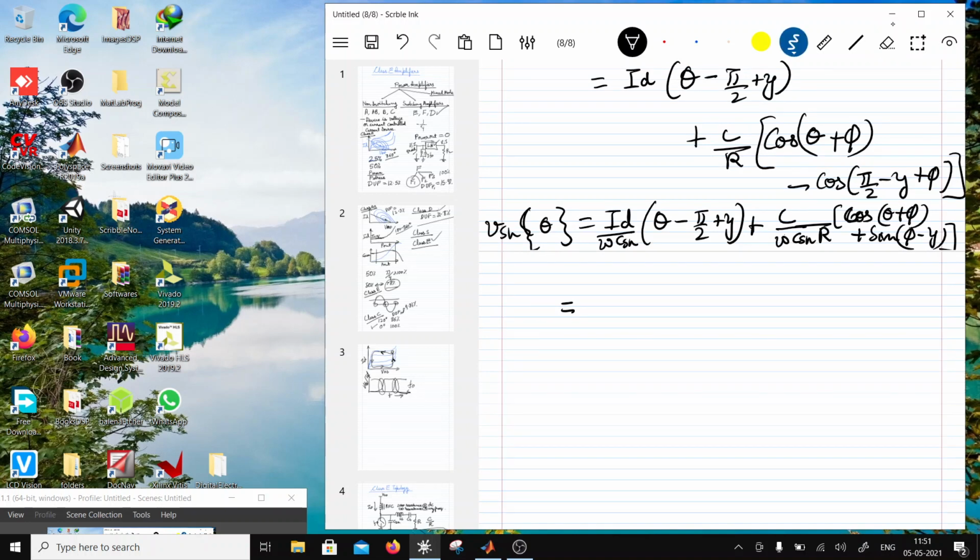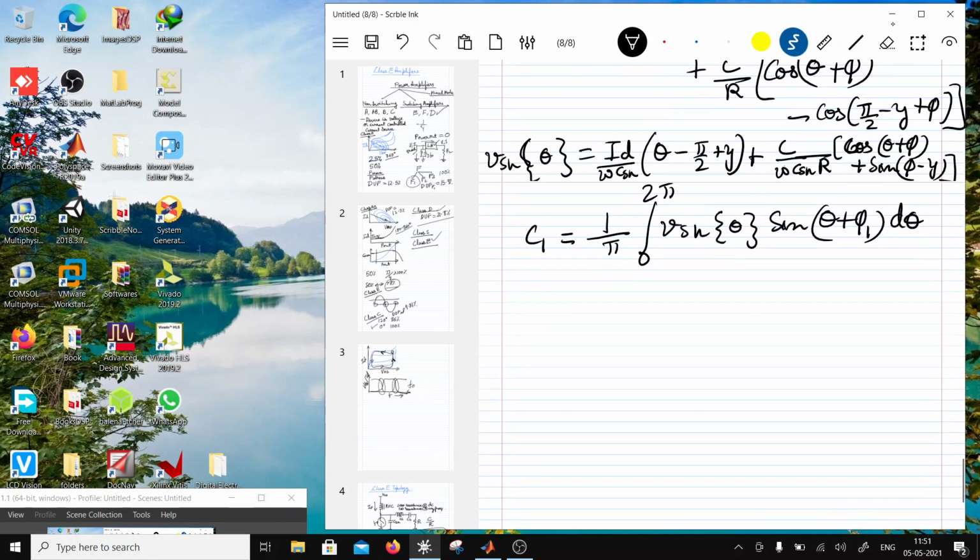In this case C1 would be equal to 1 over T by 2. T by 2 is going to be pi, so I integrate 0 to 2 pi of the VSH, which is a function of theta, correct, times sine of theta plus phi 1, correct, times d theta. So this will give me C1.